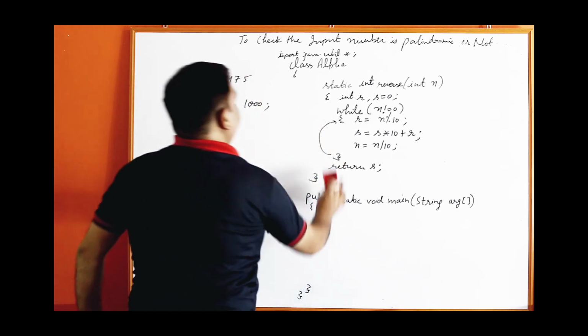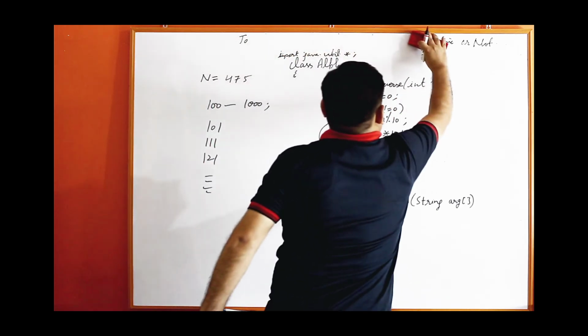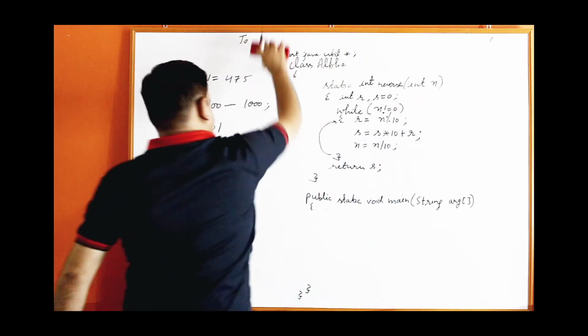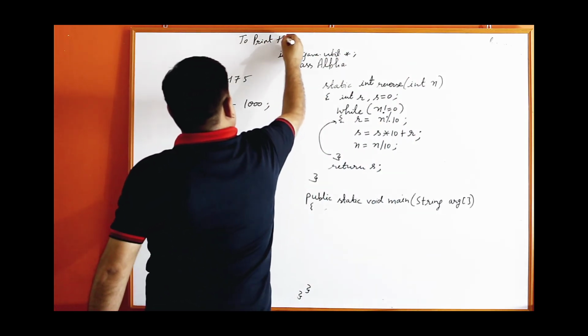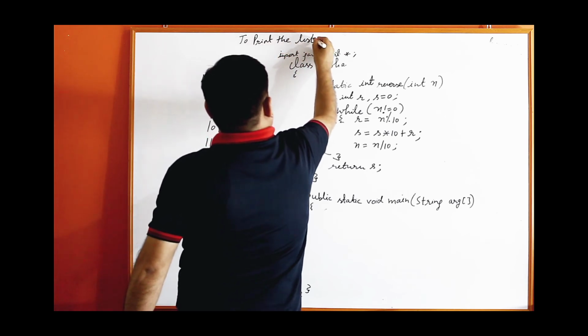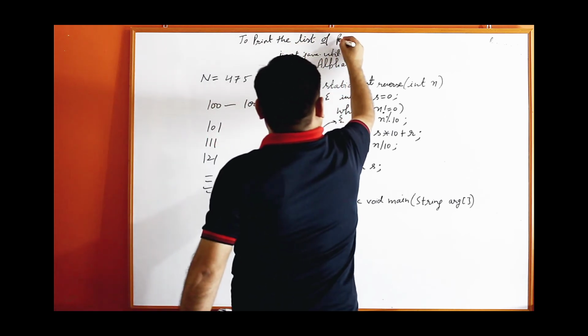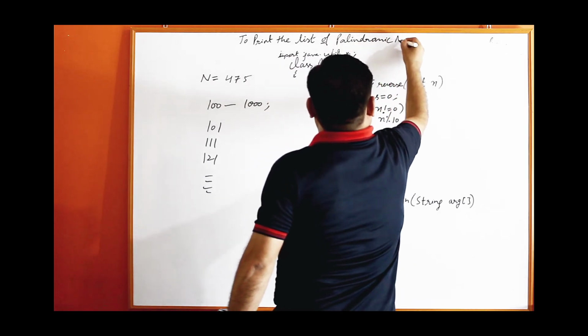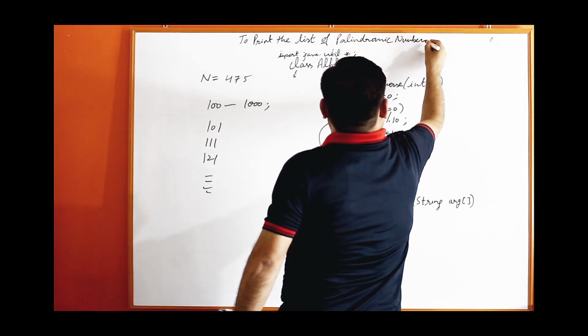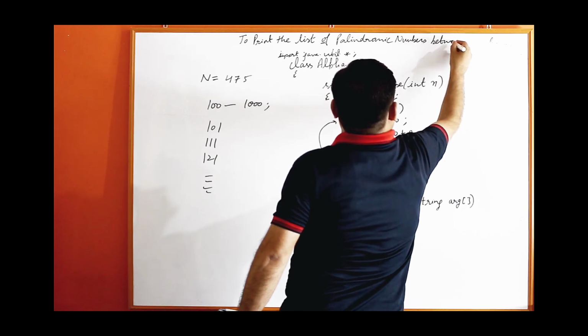The question is this, to print the list of palindromic numbers between the given range.